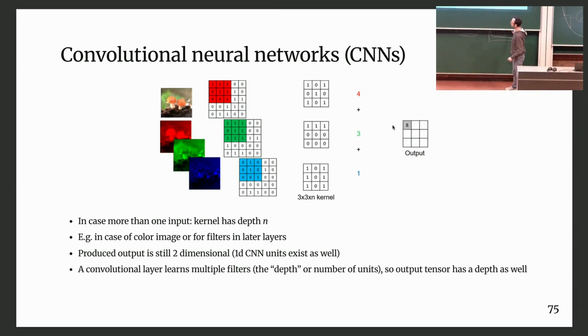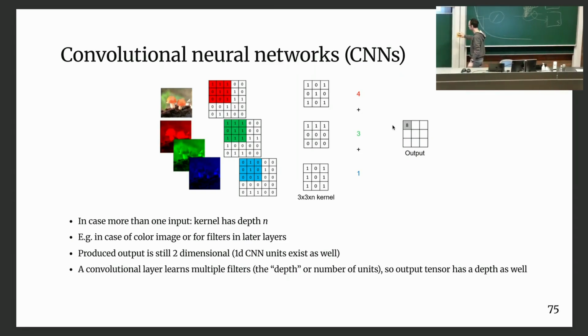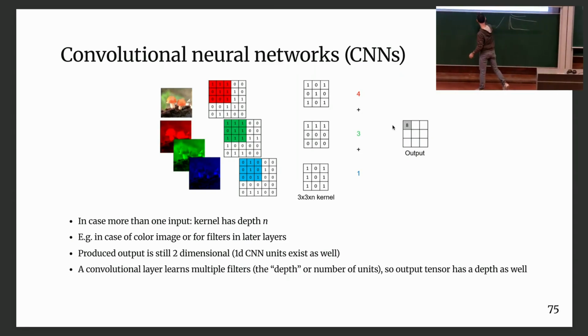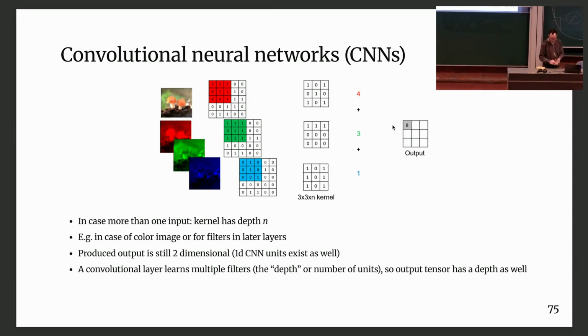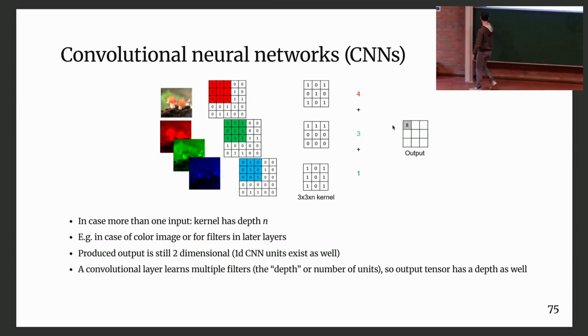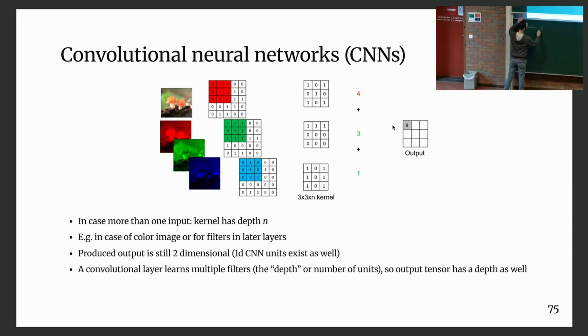What happens if I now do not have a single unit like this, but I create a whole layer of them? Well, then we get the following. I start with an image, and let's say it's a color image, width, height, a depth of 3.